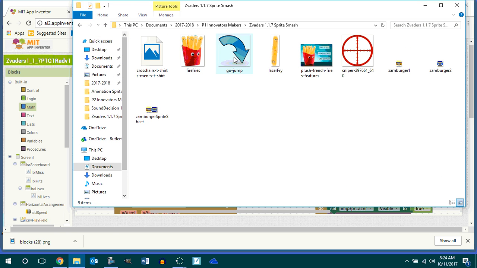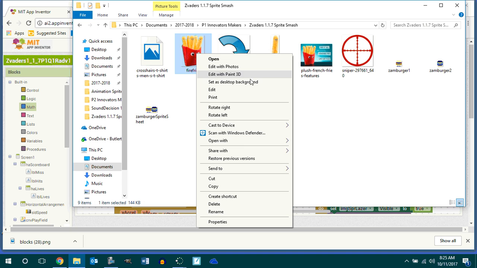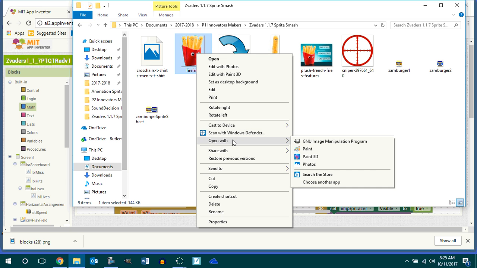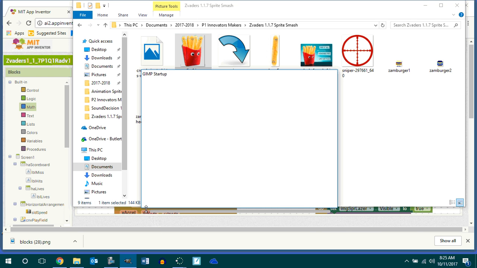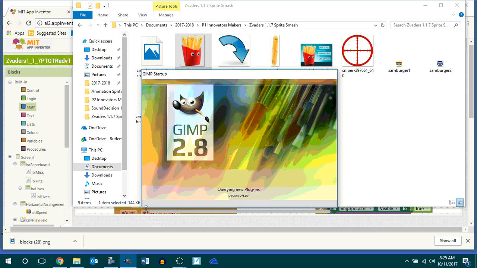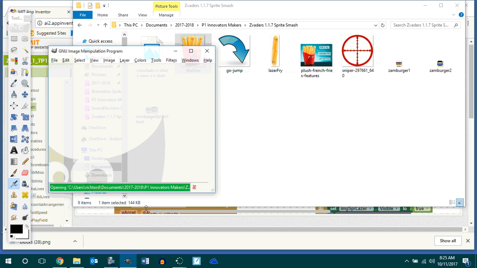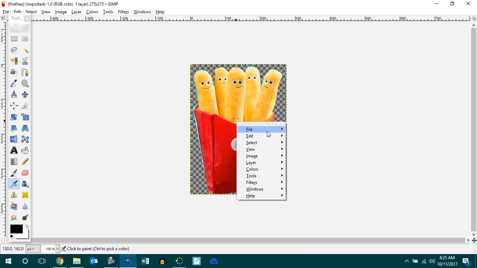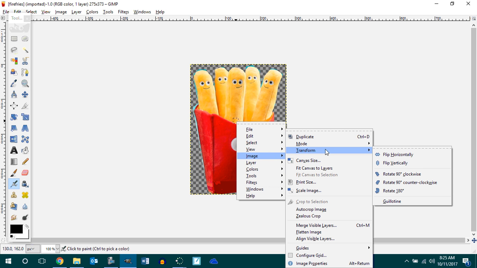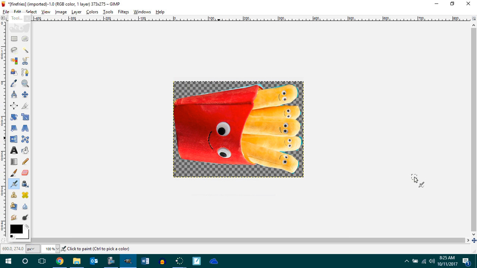So if I go to Zvaders, open this guy up with GIMP. We have 4 minutes left. What I was able to do is shift him to the right. Does everybody know how to transform the image in GIMP? No? Who said no? I'll show you. Am I projecting yet? So all you do is right click on it, go to image, transform, and rotate 90 degrees to the right.